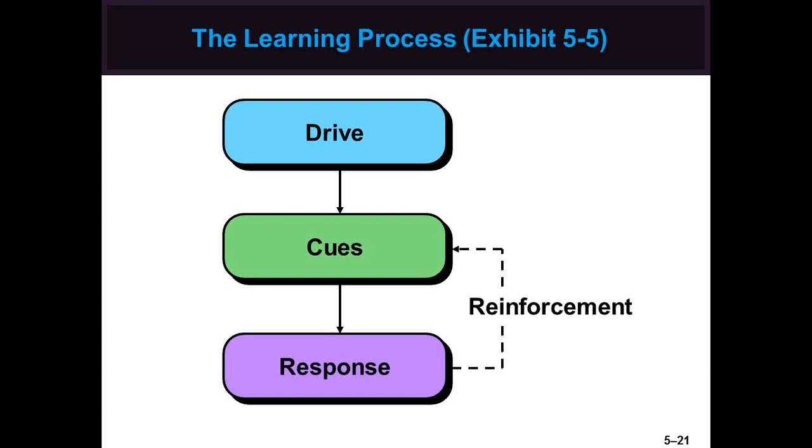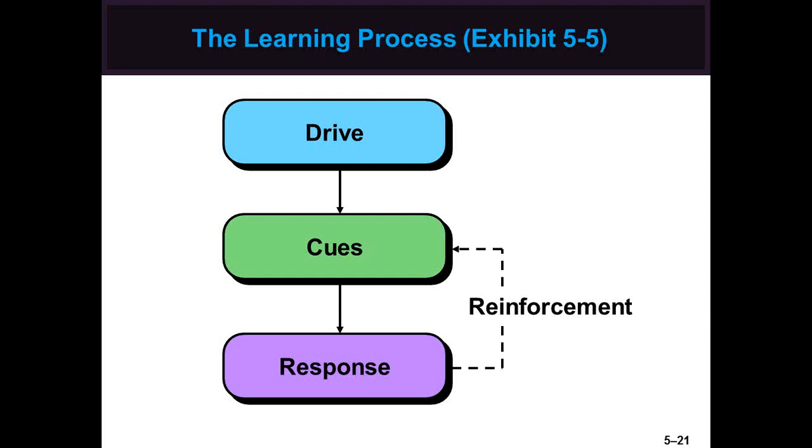As mentioned earlier, a drive is a strong internal stimulus that encourages action to reduce a need. Cues are stimuli in the environment that trigger a drive or response. A response is an effort to satisfy a drive. Reinforcement occurs when the response is followed by satisfaction, which reduces the drive.